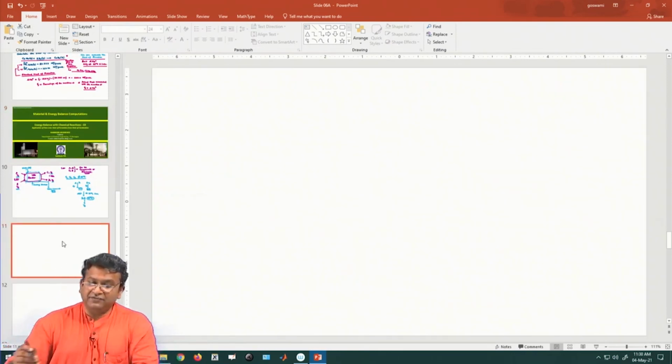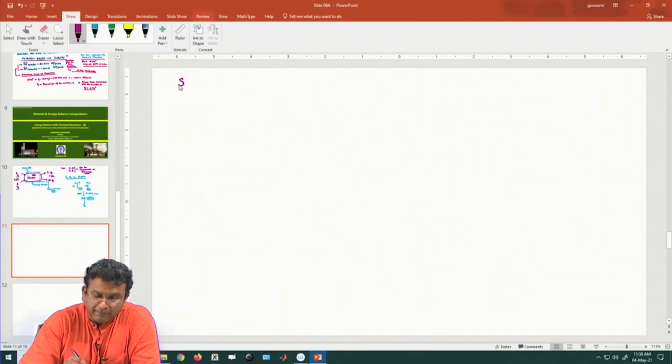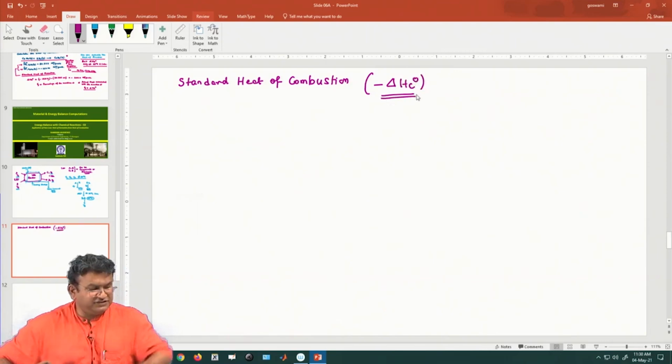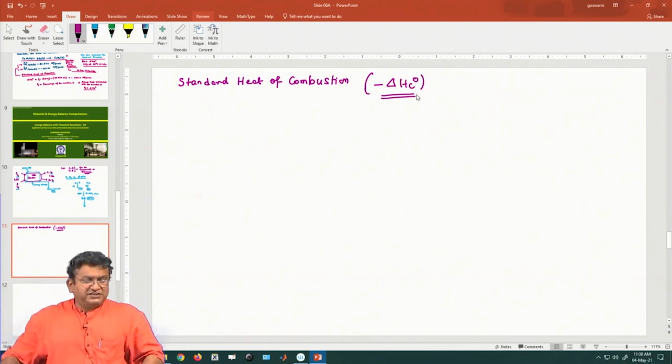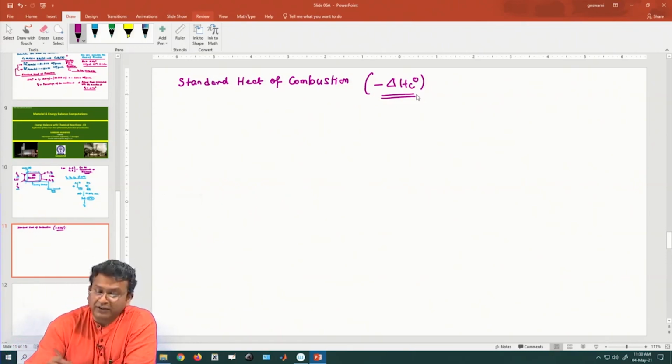So, we have this so called concept of standard heat of combustion, typically represented by Hc0, right. This is essentially nothing but the heat of reaction of a substance resulting from oxidation with molecular oxygen.